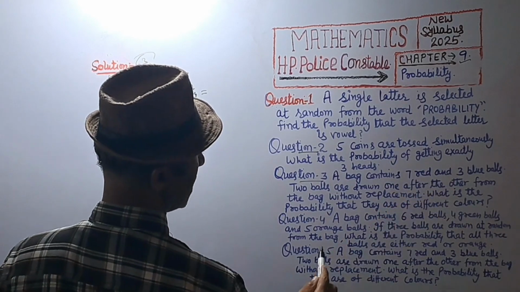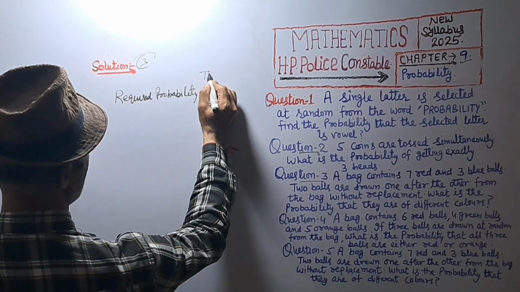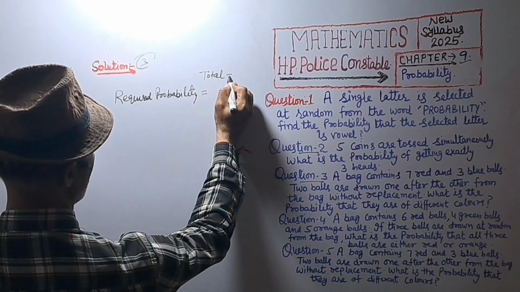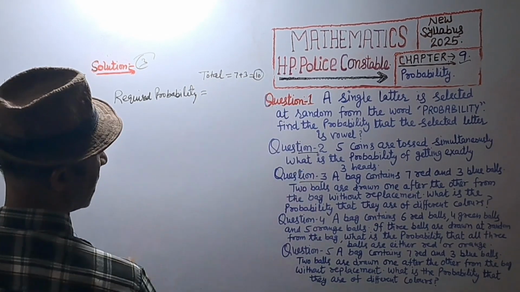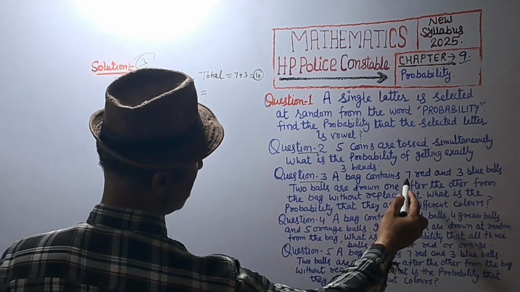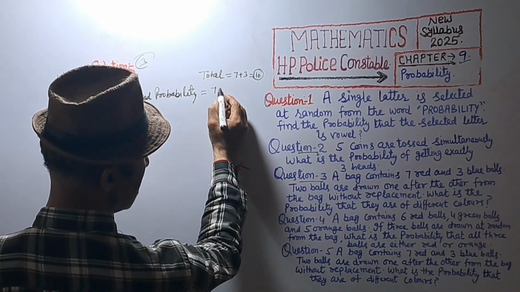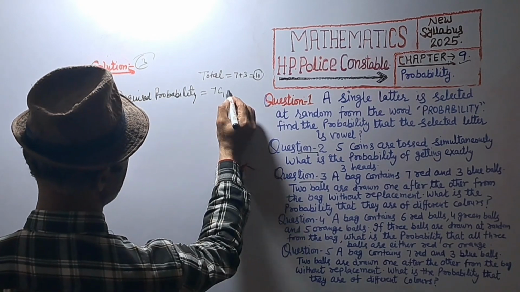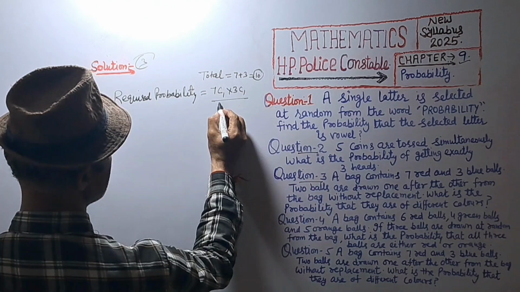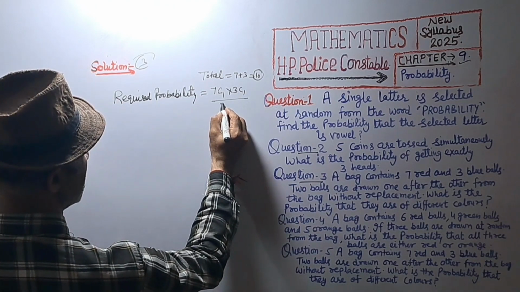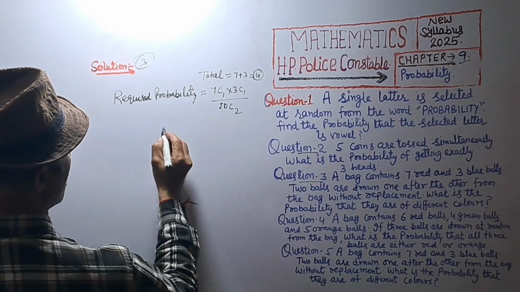7 red, 3 blue balls. Total balls is 7 plus 3, that is 10. And required probability is 7C1 into 3C1 divided by 10C2.